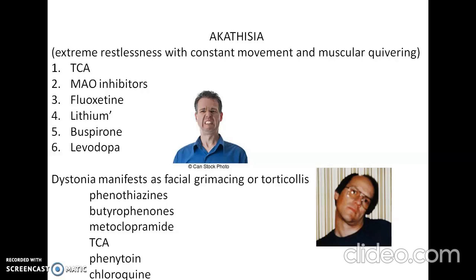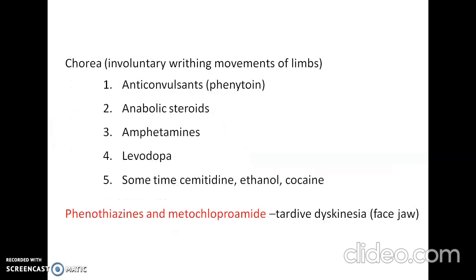Here, we can observe the failure of the neck muscle, such that the tilting of the head towards the neck can be observed. Certain drugs like phenothiazine, butyrophenones, metoclopramide, tricyclic antidepressants, phenytoin and chloroquine can cause these muscle complications.